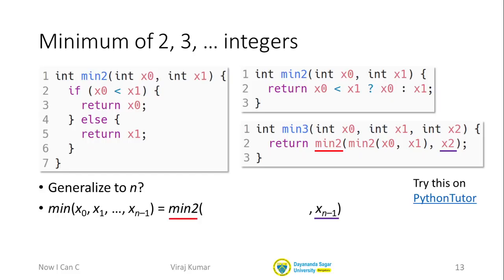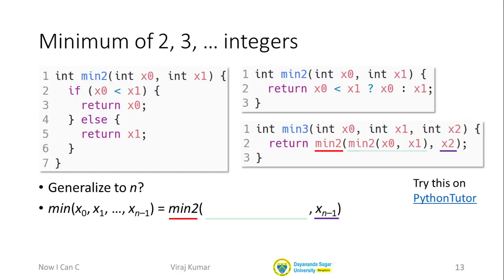Now I am numbering my integers from x0, so I will have n integers x0, x1 up to xn minus 1. And borrowing from this idea, we will say that the minimum of these n integers is finally the minimum of 2 integers, one of which is the last of the given integers, which is xn minus 1. Now, what about the first argument to the min2 function? Once again, let's go back to our min3 function for inspiration.